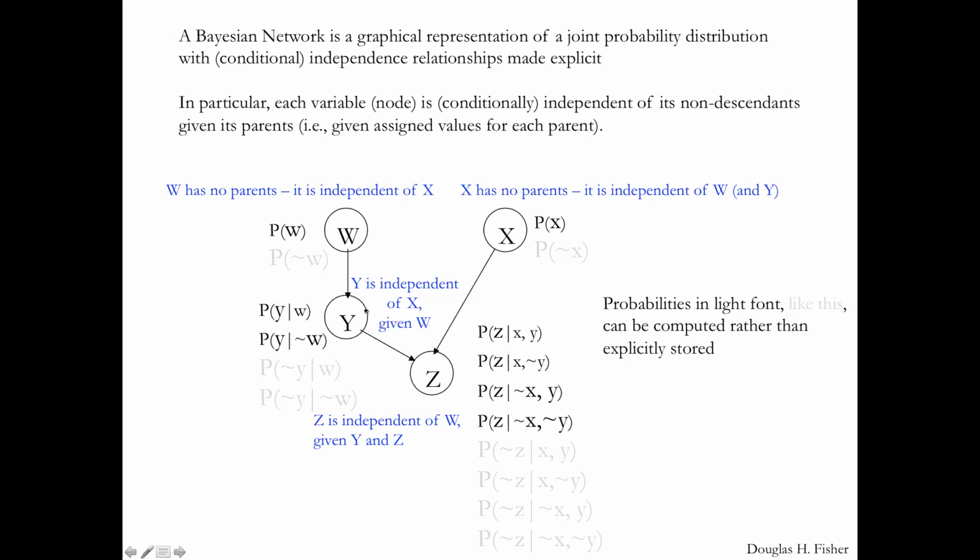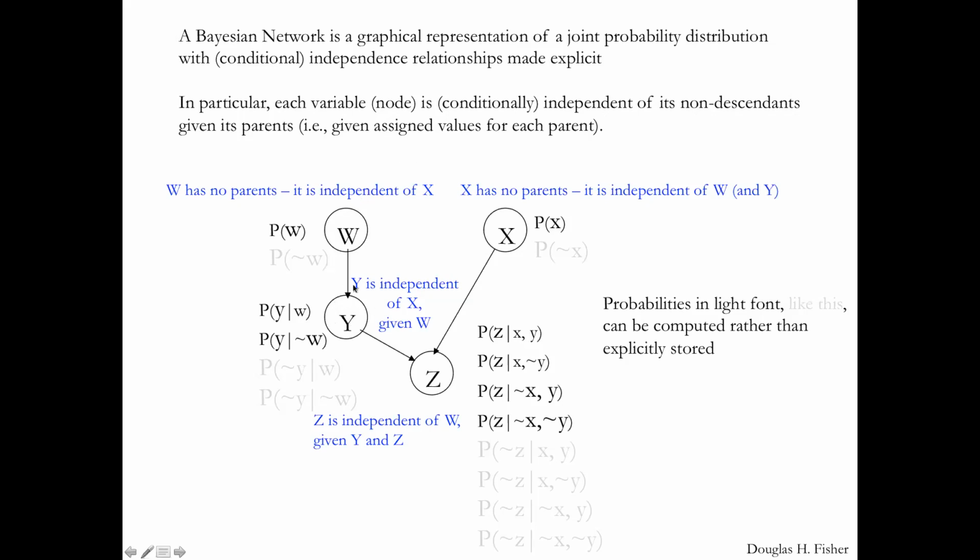And so this is the general statement for the semantics of a Bayesian network. Each variable or node is conditionally independent of its non-descendants given its parents, given that each of its parents has been assigned a particular value.